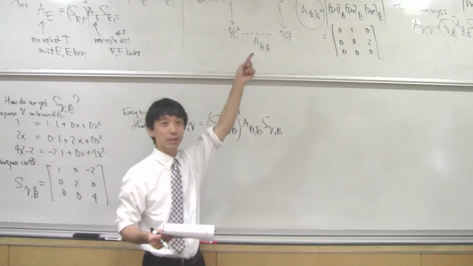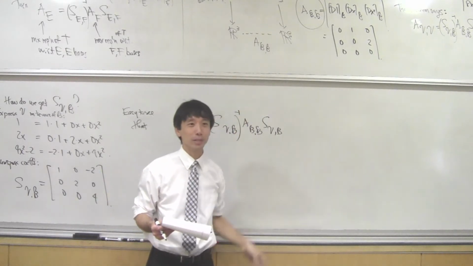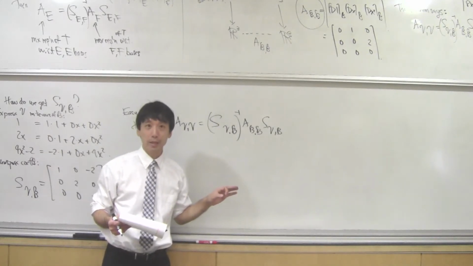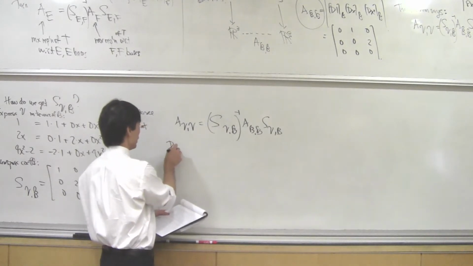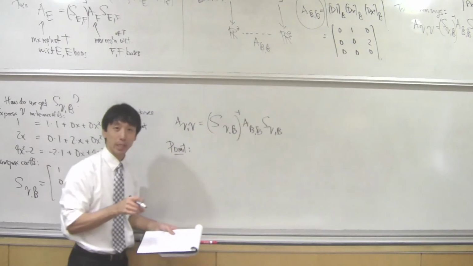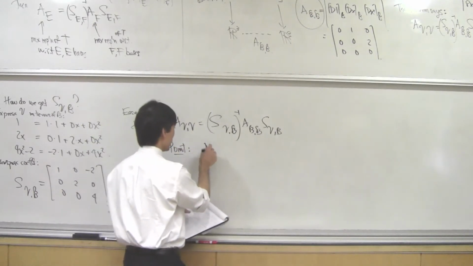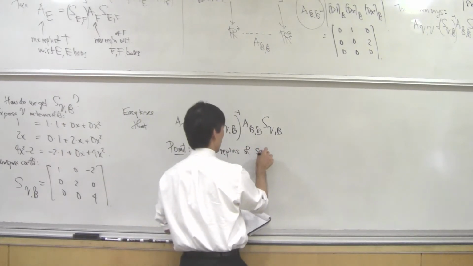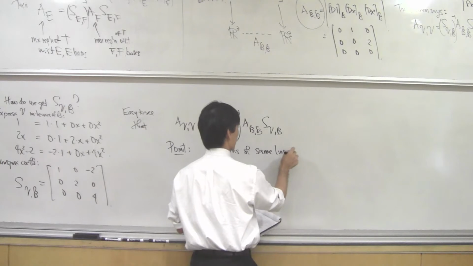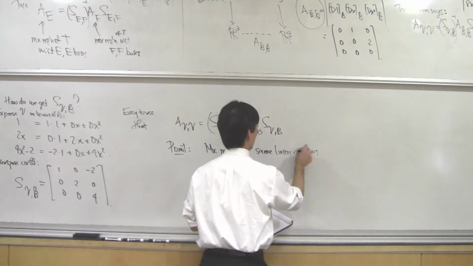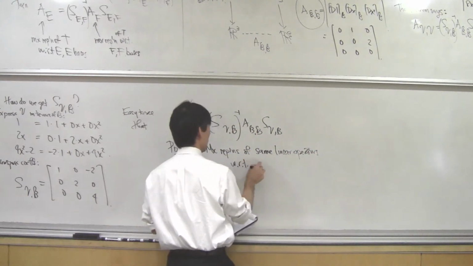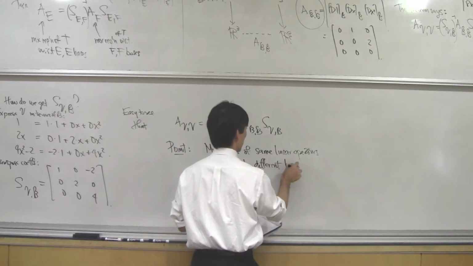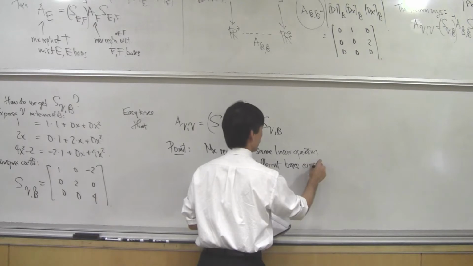As you see, it's just easier to do it directly. But the point is, what's the point of all this? The point is that matrix representations of the same linear operators with respect to different bases are related.